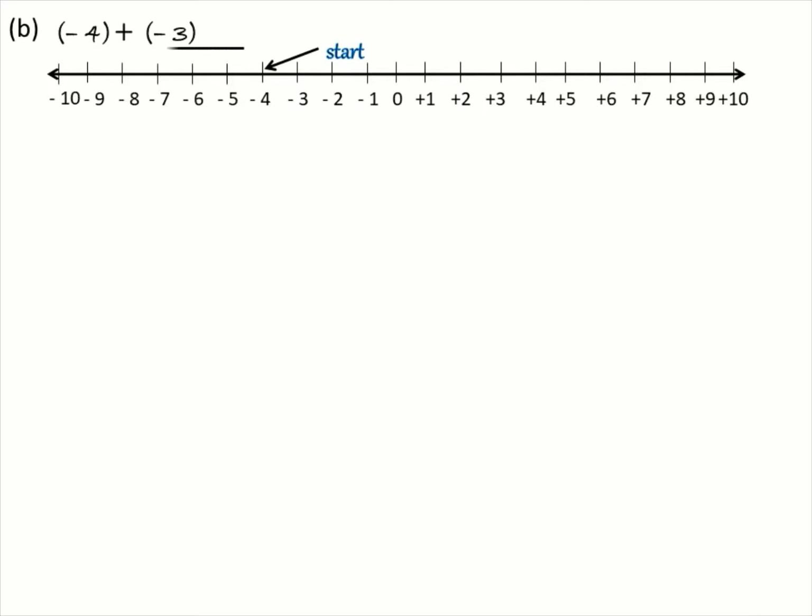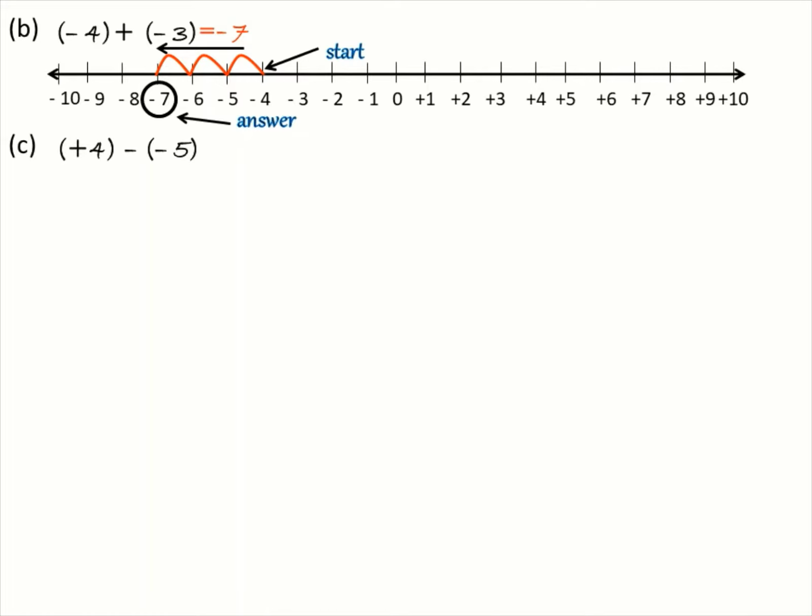It gives us the direction. Then how many steps do we move to that direction? According to this question, it is 3. So we move 3 like that. So our answer becomes negative 7. Quite easy. Good.